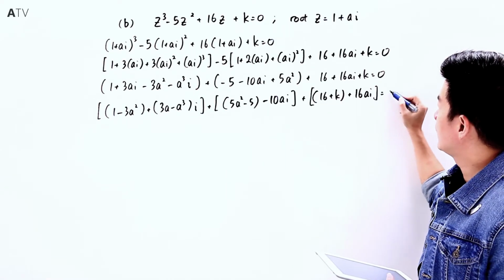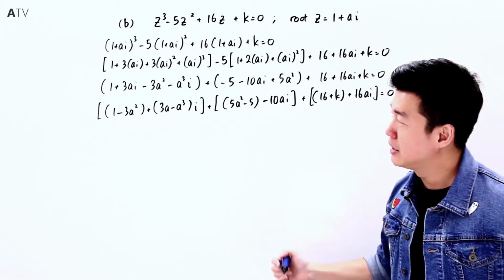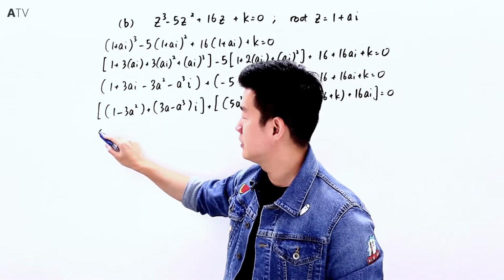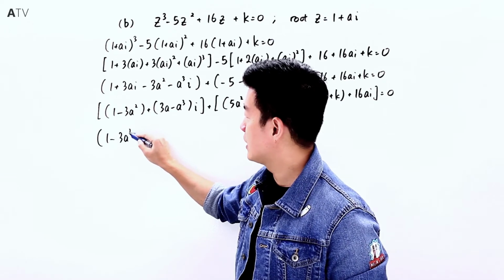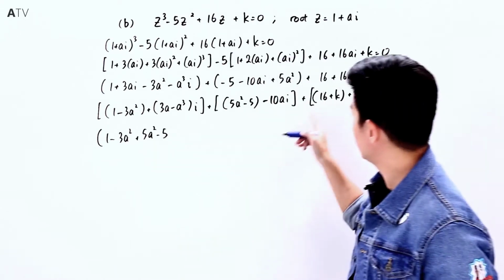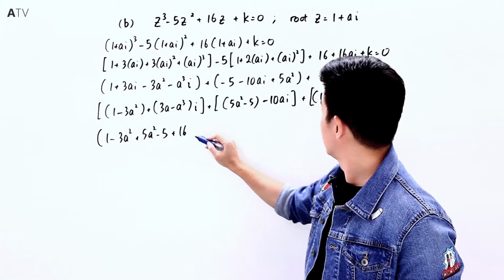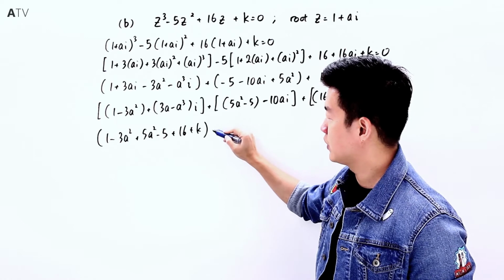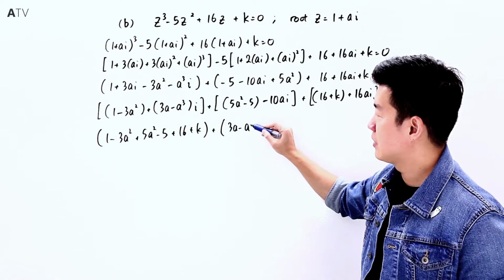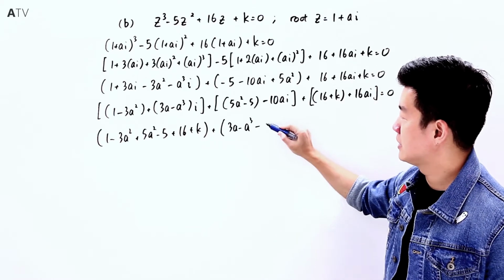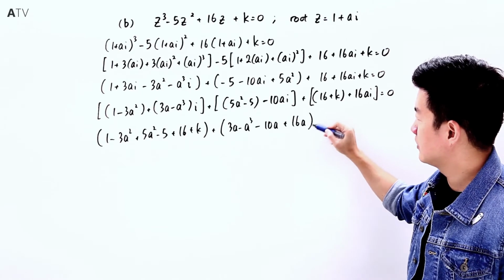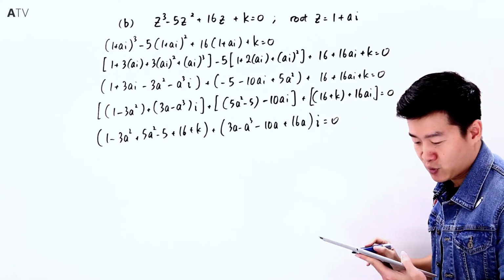So what we have now are 3 complex numbers. I'm going to add this to this to this to form the real portion, 1 minus 3a squared, then plus 5a squared minus 5, and the last one here is plus 16 plus k, the real portion, and the imaginary portion, 3a minus a to the power of 3 minus 10a plus 16a, i is equal to 0.